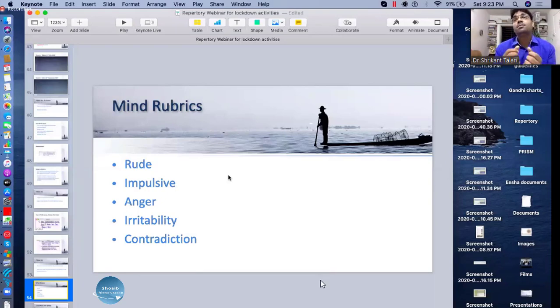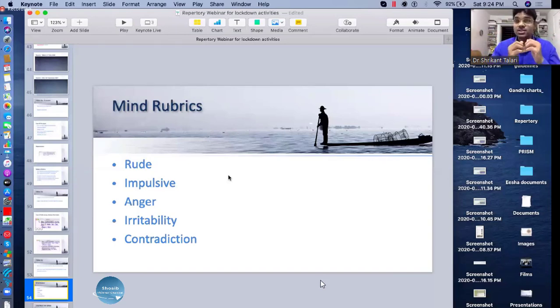That is what abrupt is. Now, abrupt encompasses all this: anger, impulsive, rude, contradiction. All this comes together in abrupt. If you understand this one rubric, you understand the whole symptomatology of the patient.